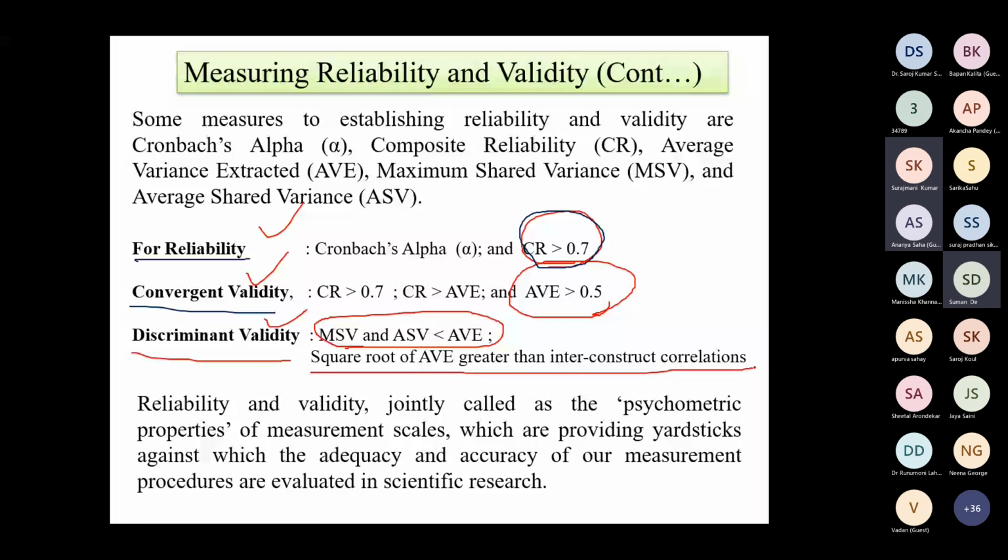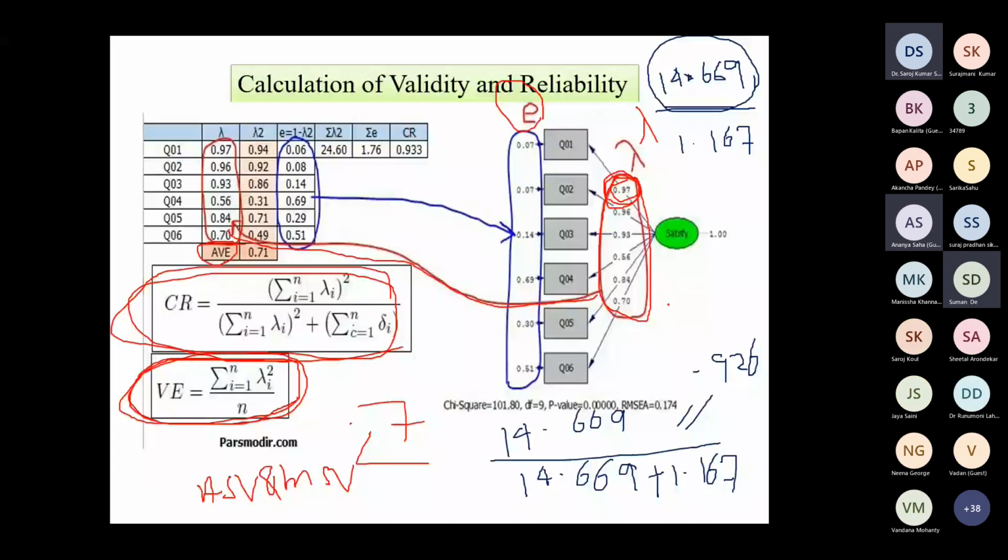So can you please repeat MSV and ASV less than AVE, please, again? You have already calculated AVE initially, that is more than 0.7, for the first construct F1. Is that right? Yes, sir.